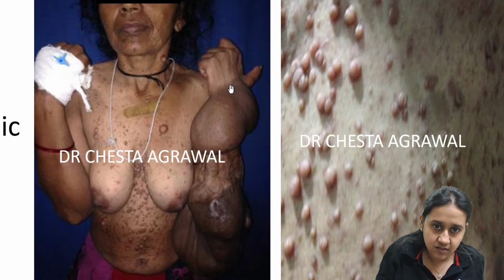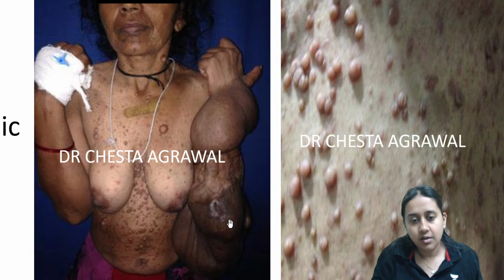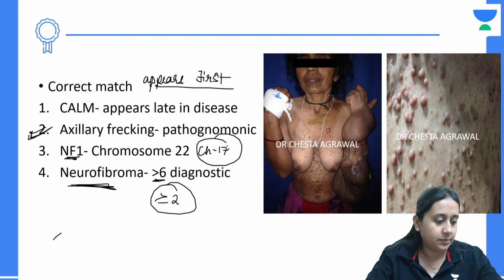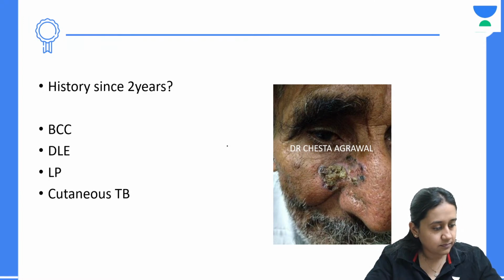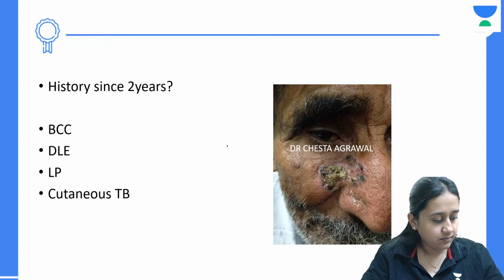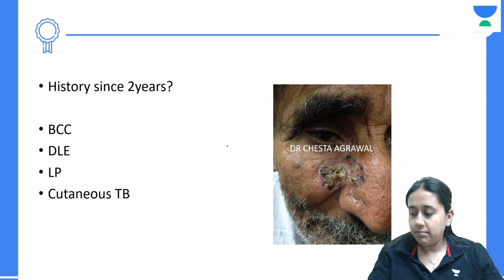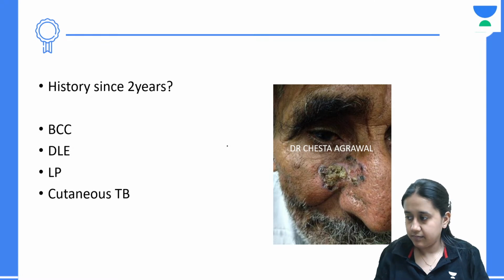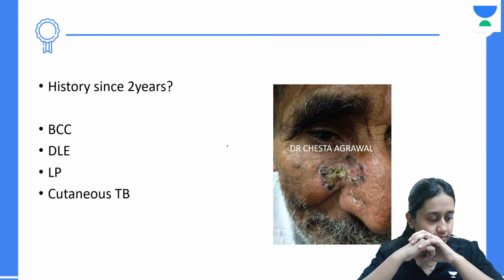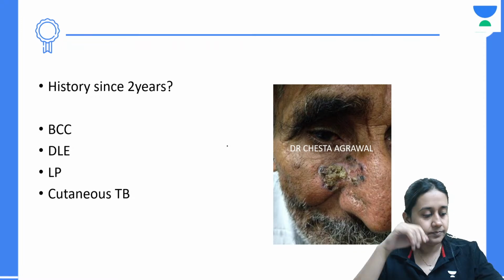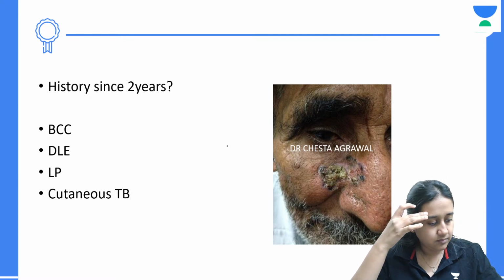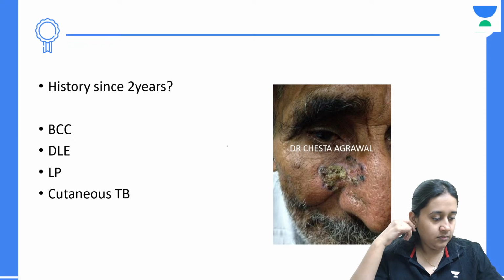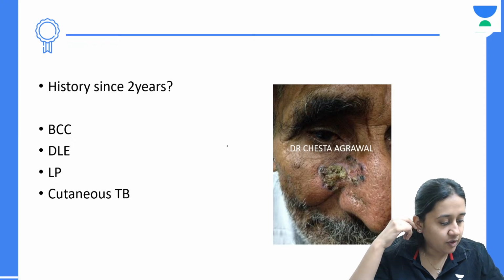And if you look at this hand, this is a plexiform neurofibroma, a large lesion present on the hand. Plexiform neurofibroma. Next.